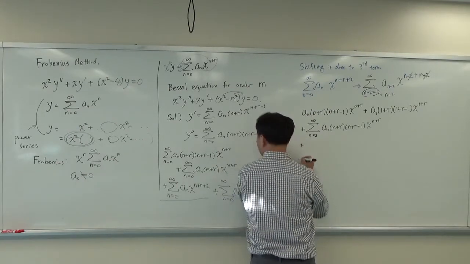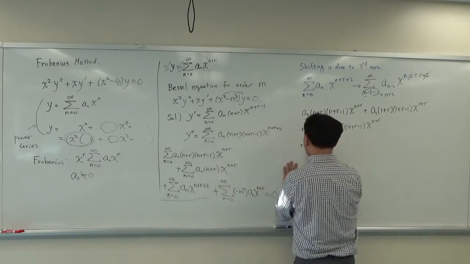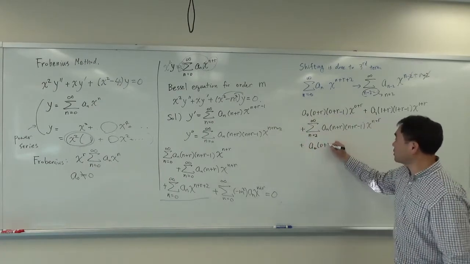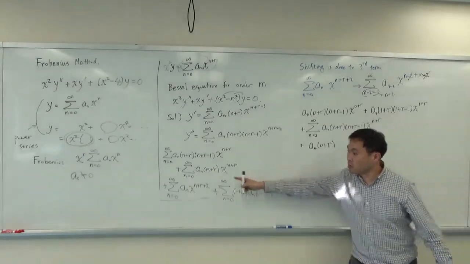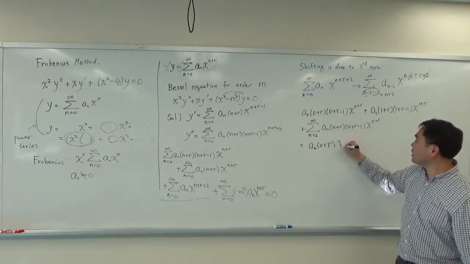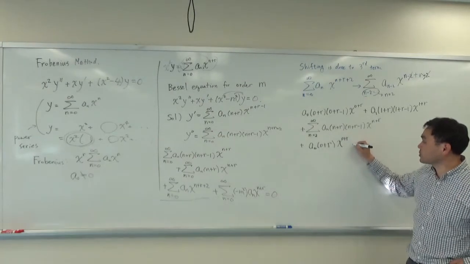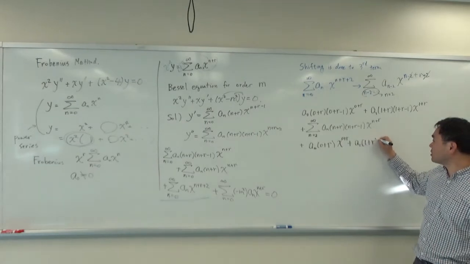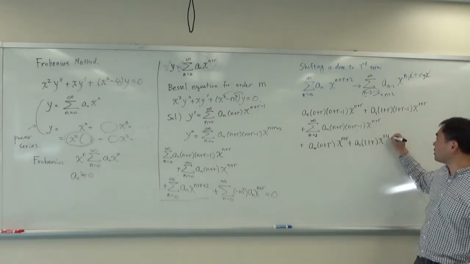Okay, now the next one. Let's work on this one. That has a_0 (0 plus r). So when n is 0, I get a_0 (0 plus r) x to the 0 plus r. And the next term is a_1 (1 plus r) x to the 1 plus r.